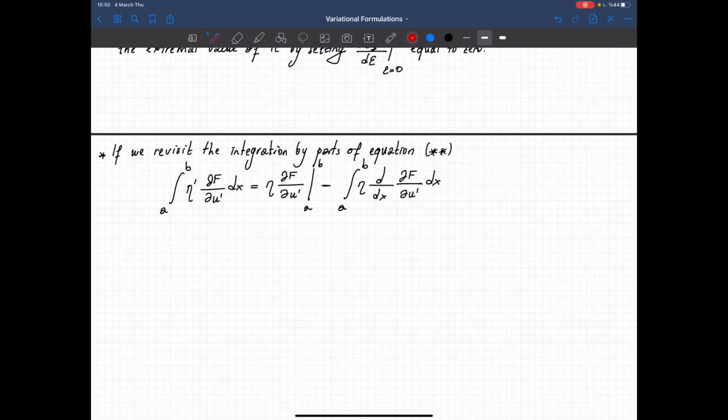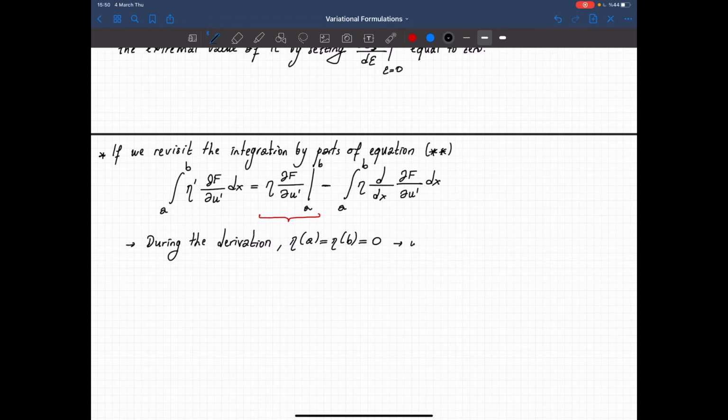Okay, now let's take a look at this condition. During the derivation we said that nu a must be equal to nu b and they must be equal to 0.